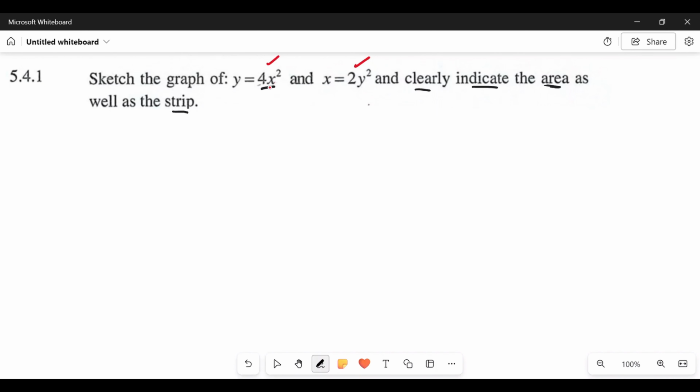Now, in order for you to draw this graph here, guys, you don't really have to stress that much. For the fact that this first graph, the parabola, has a positive coefficient, it means that it's going to face up. But for the fact that it doesn't have b and c, the x coefficient and the constant, it means that it's going to pass through the 0 point.